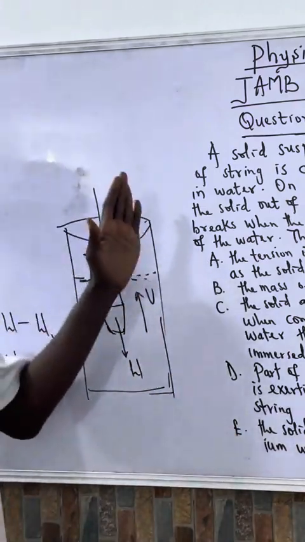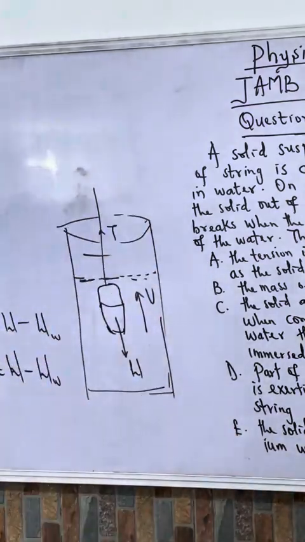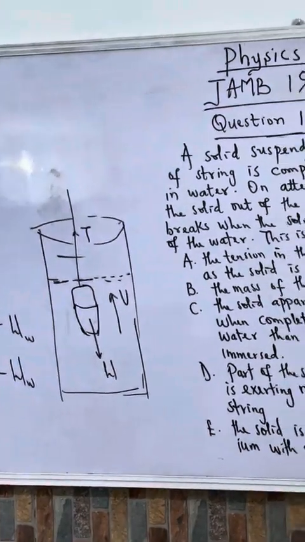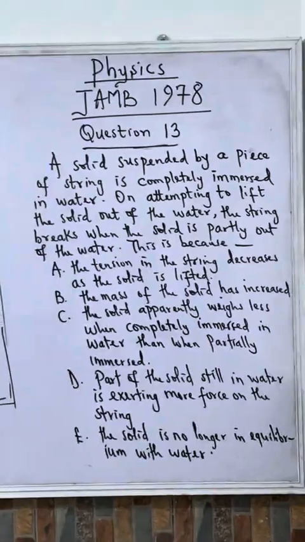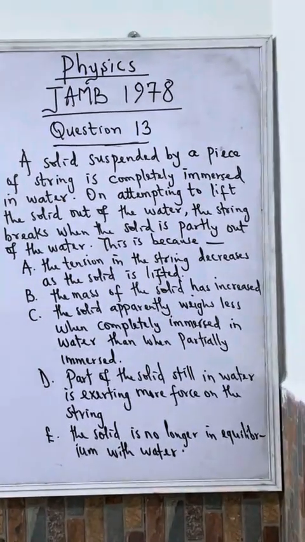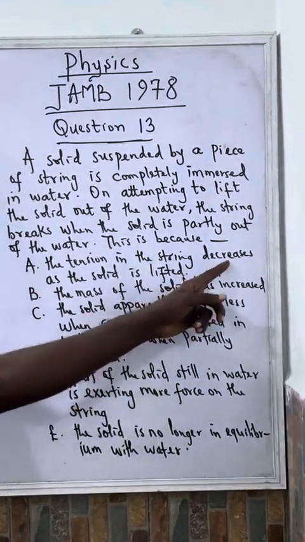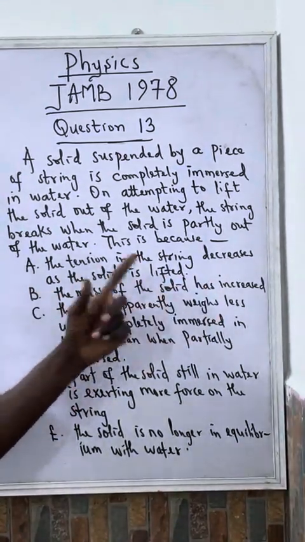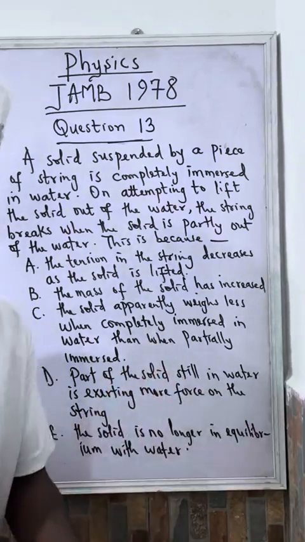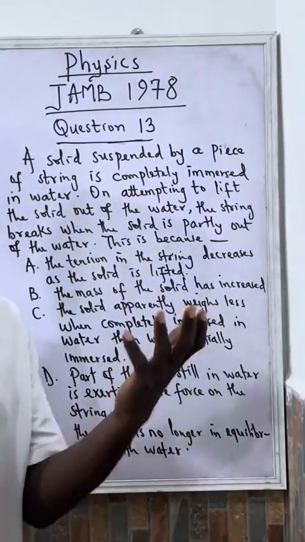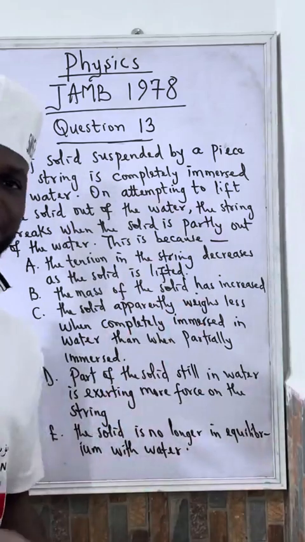So if you now consider the options one after the other, let's see the one that best describes what happens here. Check option A. Option A says the tension in the string decreases as the solid is lifted. No. If the solid is lifted, tension will increase because it is no longer inside the water.